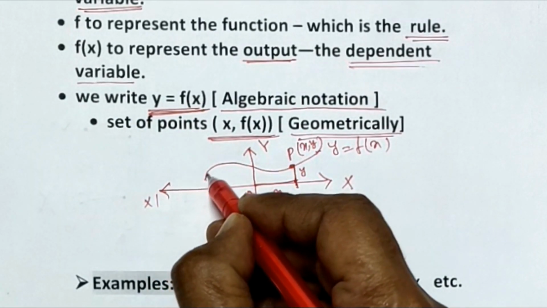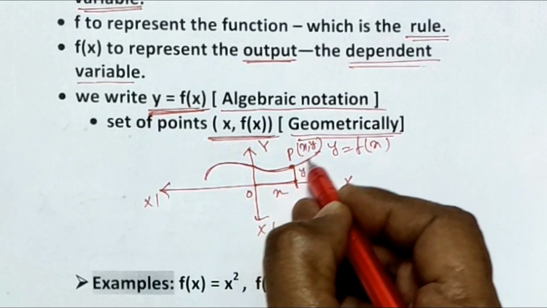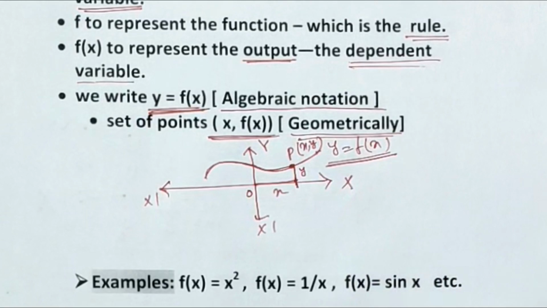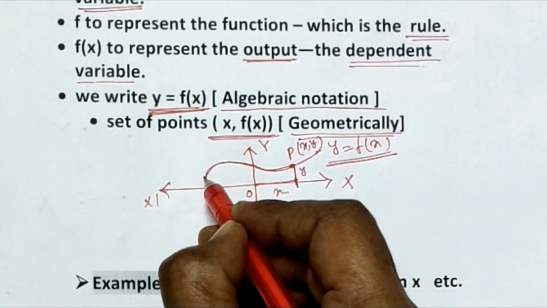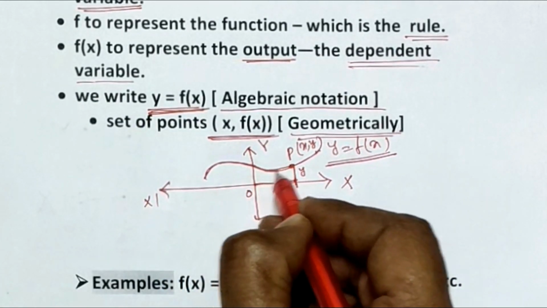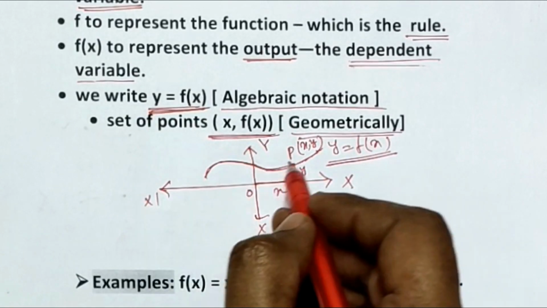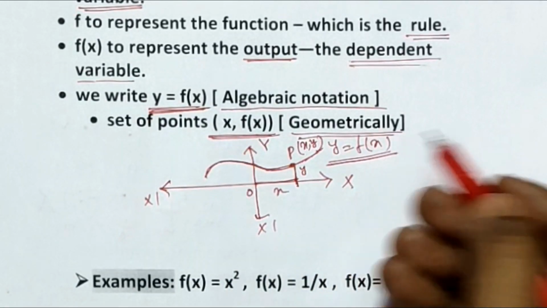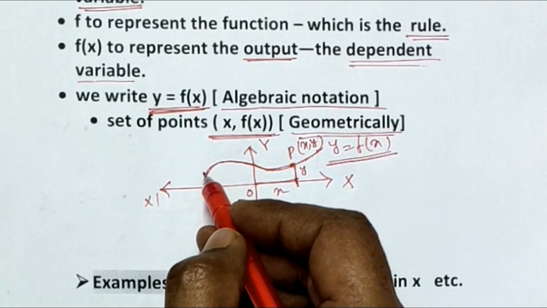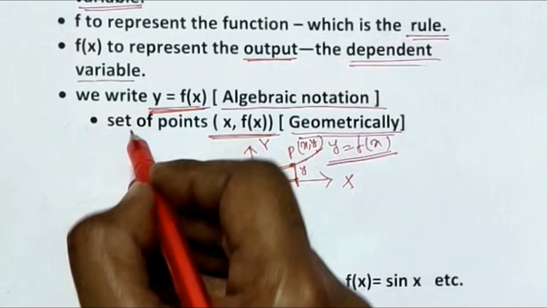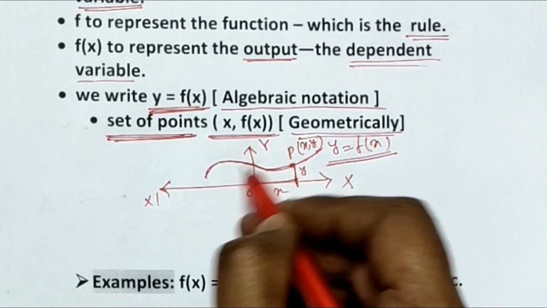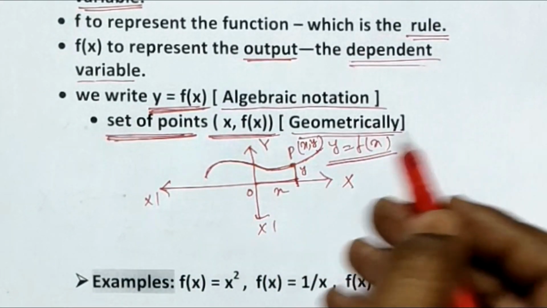So we say that this curve is represented by y equals f(x), right? So here there are infinitely many points on the curve. The algebraic notation of a function is y equals f(x), and the geometrical notation is the set of all the points (x, f(x)) on the curve, which gives us the function.